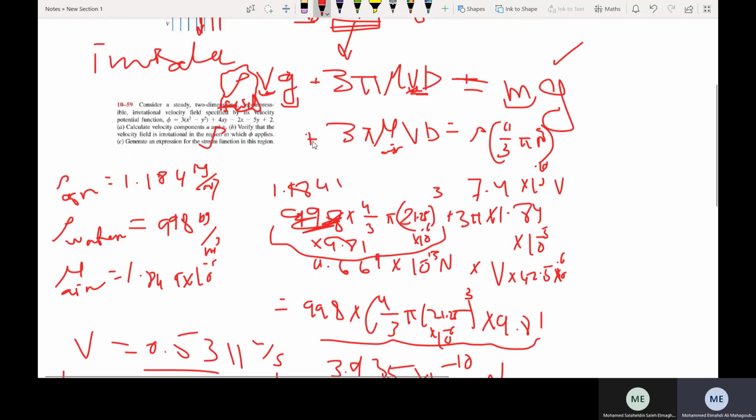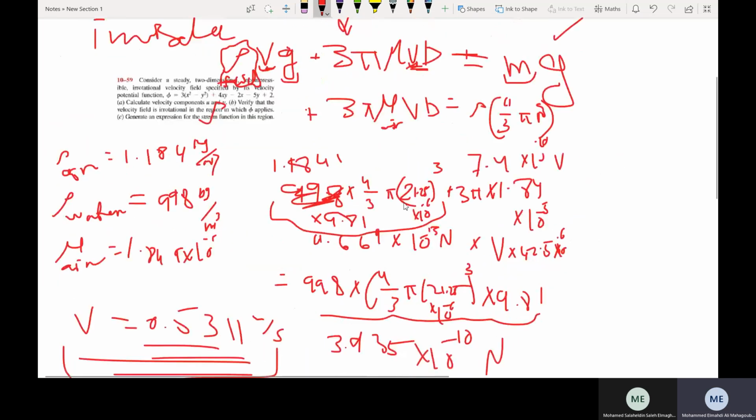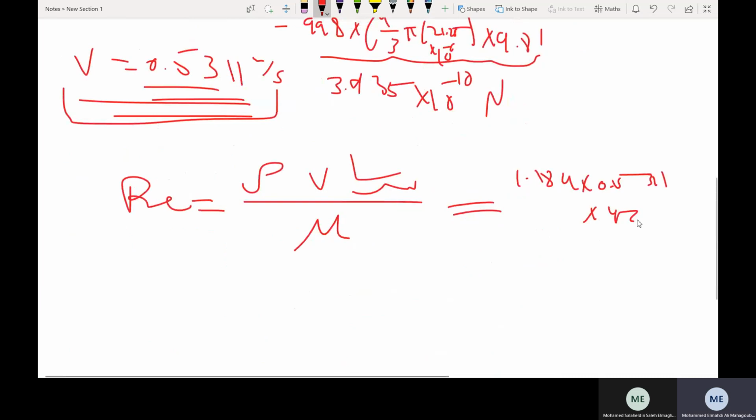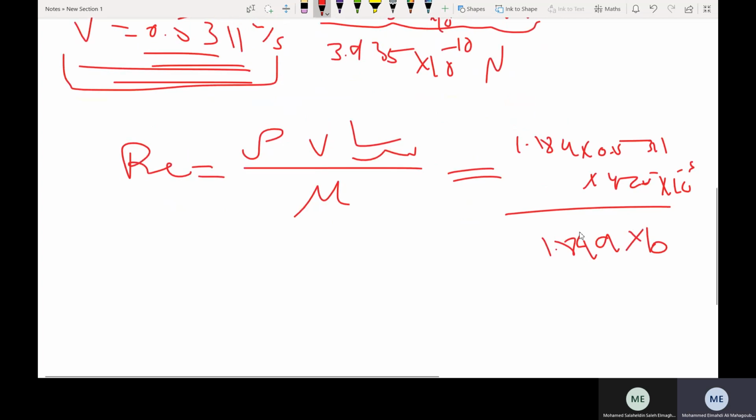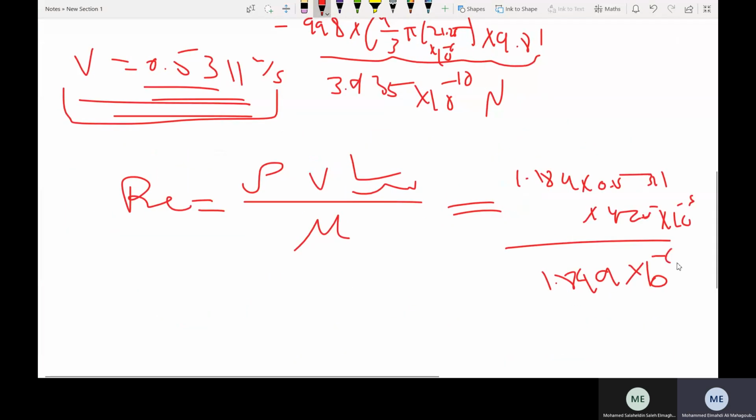Because this is an external flow across a ball, the characteristic length will be D. D is 42.5 times 10 to the power minus 6, over mu, which is 1.849 times 10 to the power minus 6.